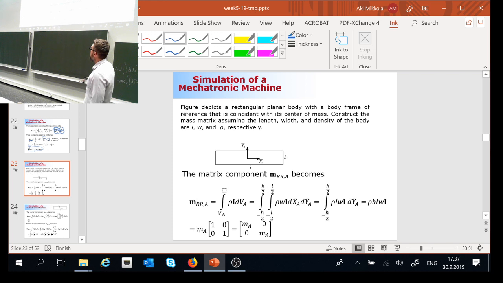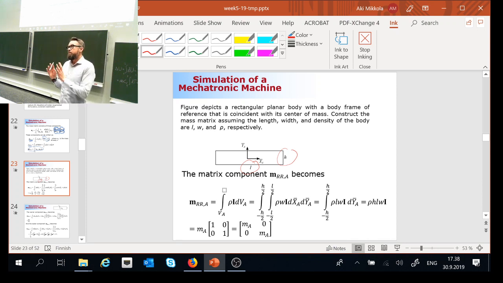This box-like body has a length denoted as L, and a height denoted as H. And the body reference coordinate system is located in the center of the mass, because that's how it is based on the figure. So it's the middle of that situation where, again, the body reference coordinate system is located in the center of the mass.